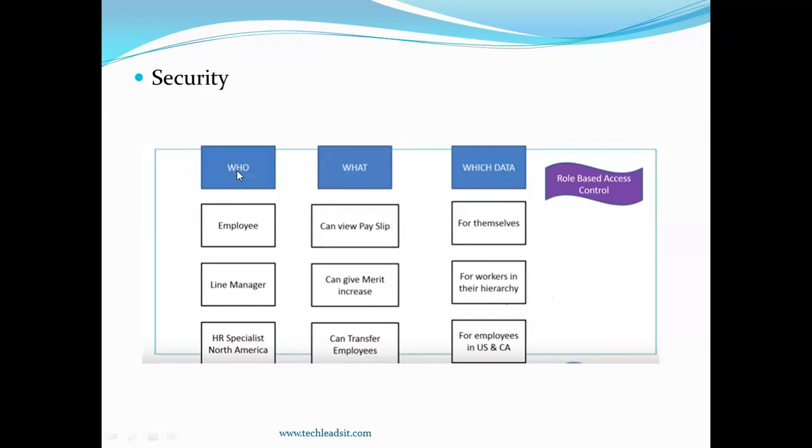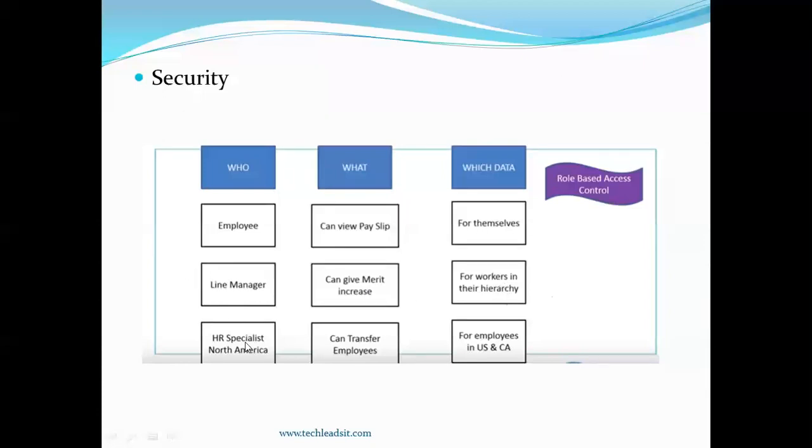See, who, what, which data. For example, an employee can view a payslip for themselves, but this employee cannot view the payslip for others. Like that, we can restrict. A line manager can give a merit increase for workers in their hierarchy, but this line manager cannot give a merit increase for other workers.